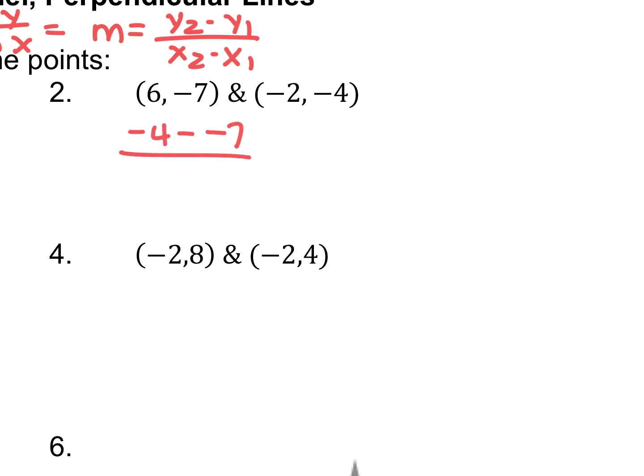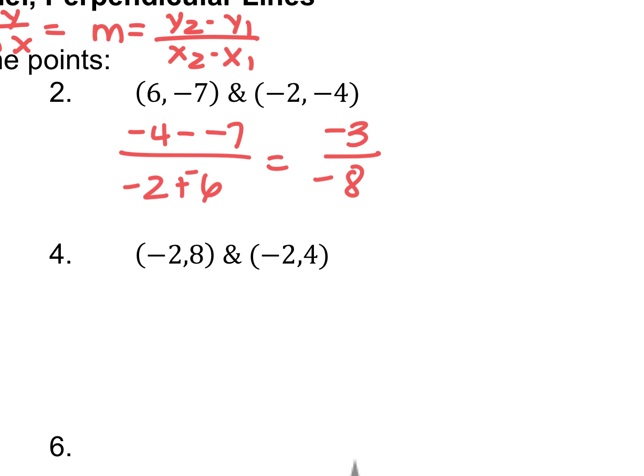And then what does my denominator look like? What minus what? Negative 2 minus 6. And so, Kate Marie, what does my answer look like? That would be negative 3 over 8. Oh wait, it would be positive 3, right?